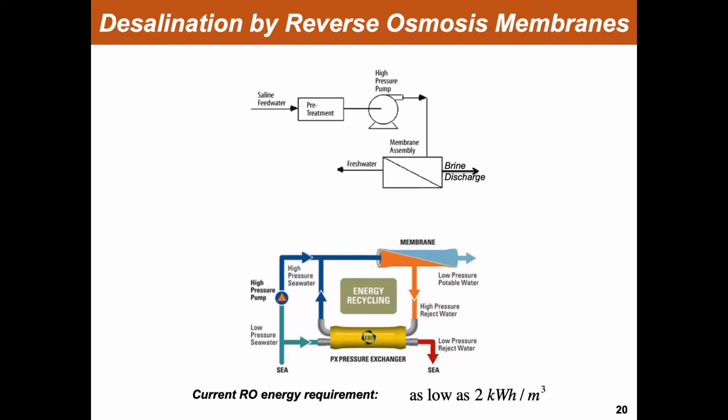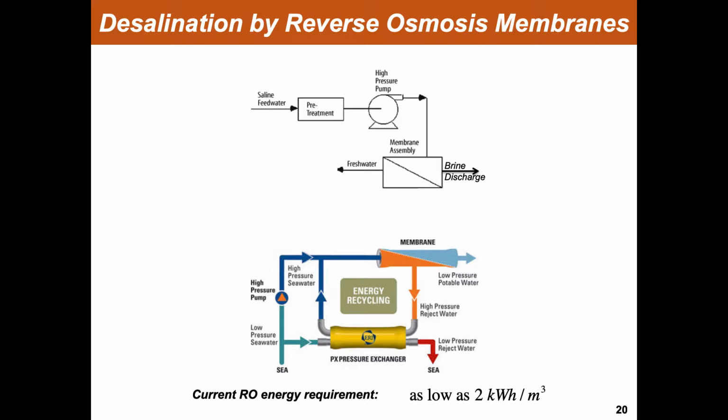The way that this process works in the simplest case is that saline water can be run through a pretreatment or filtration process to remove particulates, control biological activity, and so forth, and then pressurized to high pressure. And today, for seawater desalination, that'd be about 800 psi, and put through a membrane that allows water to permeate across it, but very little salt.